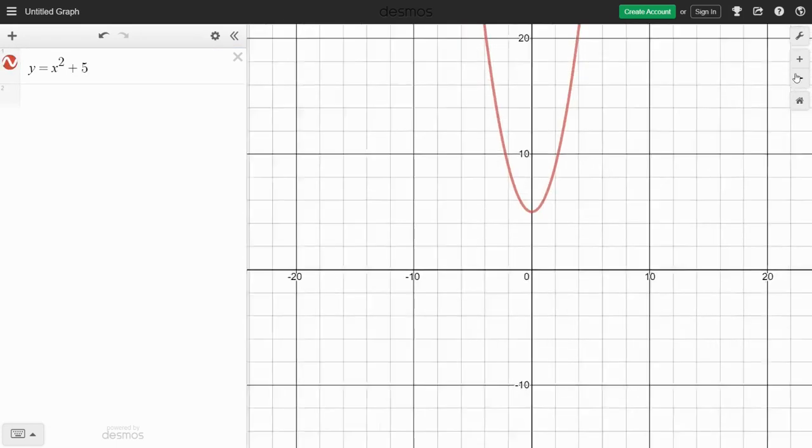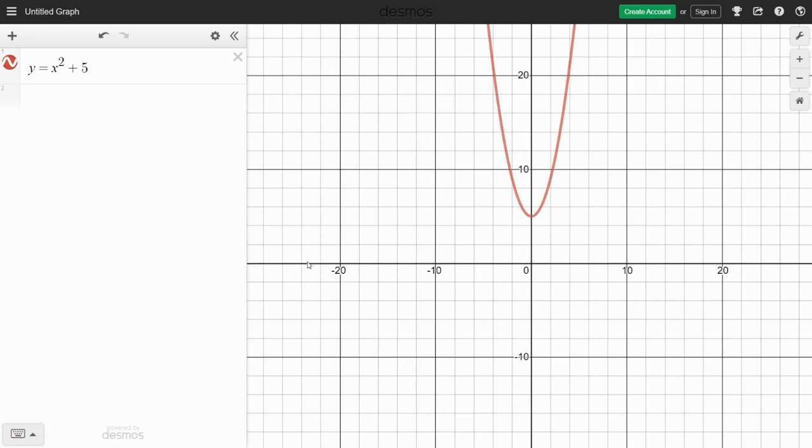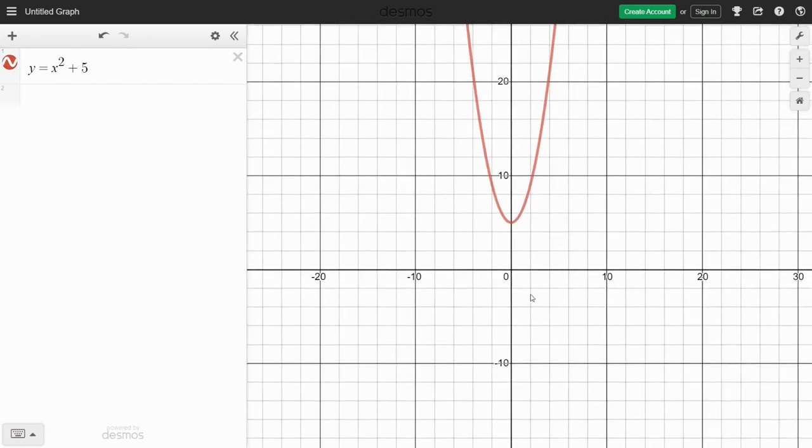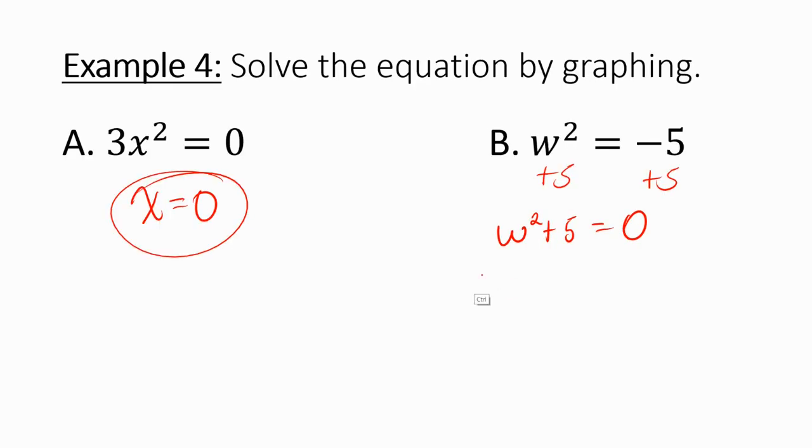And here's our parabola. Does this parabola ever hit the x-axis? No, it's never going to loop back and come back down, right? We talked about that with our domain and range. So this one doesn't have any x-intercepts, so this one doesn't have any solutions. So we're going to write no solutions, or just no solution.